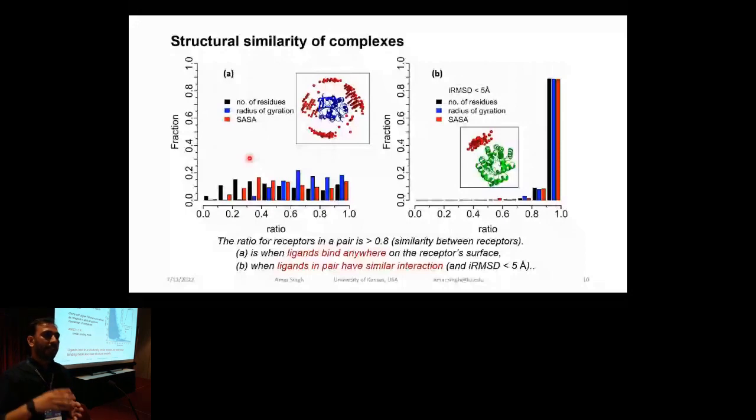So what we do in that case, instead of using the interaction RMSD, we calculate the receptor structural similarity and the interface similarity of that receptor from the binding partner. So suppose we have this receptor protein, one binds here, the other binds here. In that case, we calculate the structural similarity of this receptor protein and the structural similarity of the interface.